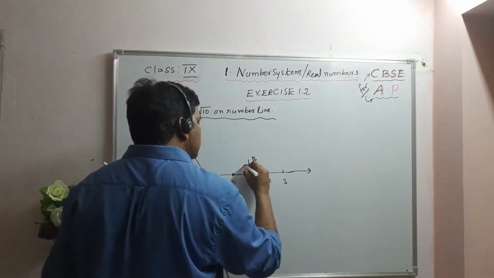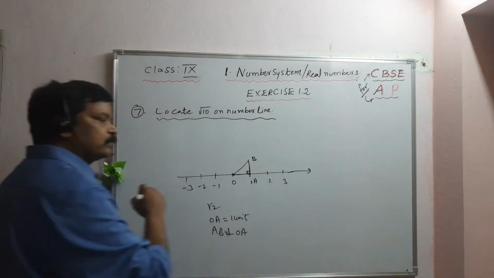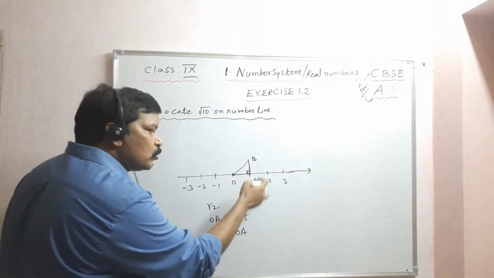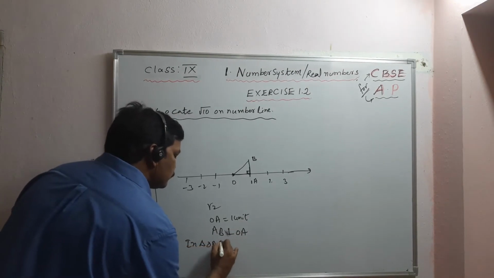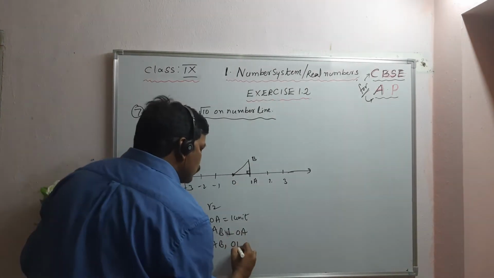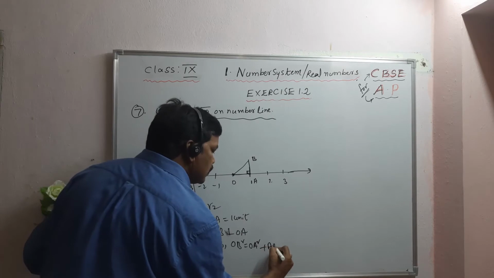So this OAB is a right angle triangle here. Why? This is a right angle, no? According to the construction, this BA is perpendicular to OA. So OAB is a right angle triangle. So in triangle OAB, OB square is equal to OA square plus AB square.